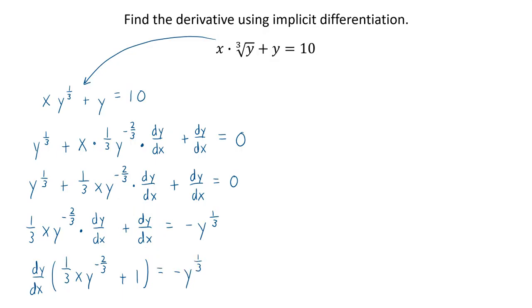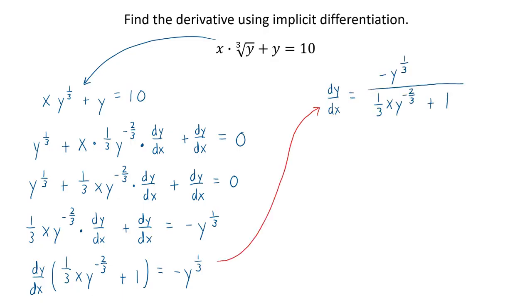And that's equal to negative y raised to the 1/3 power. And now dividing both sides of the equation by 1/3 xy to the negative 2/3 plus 1 gives us dy over dx is equal to negative y to the 1/3 over 1/3 xy to the negative 2/3 plus 1.